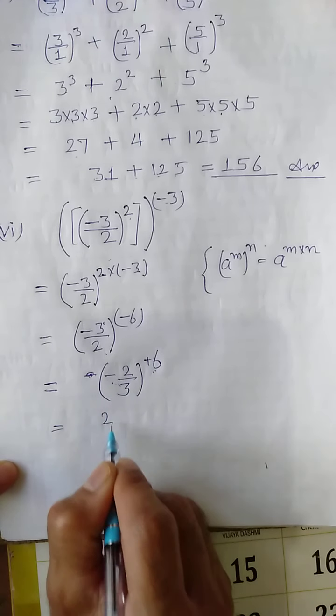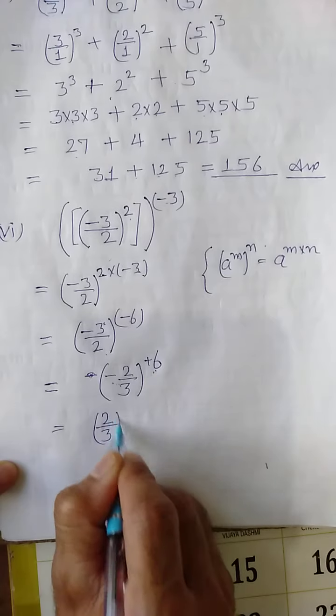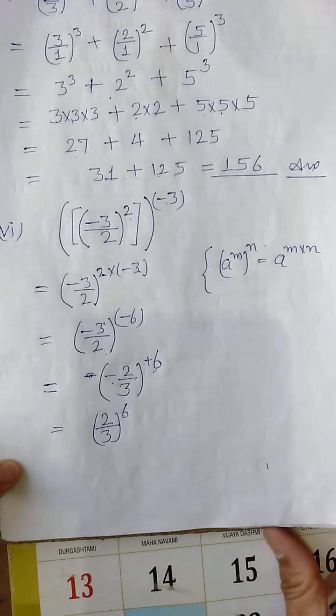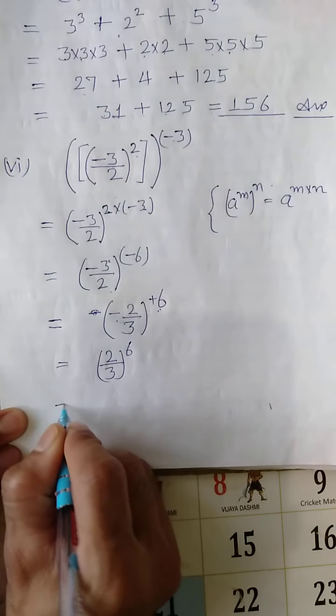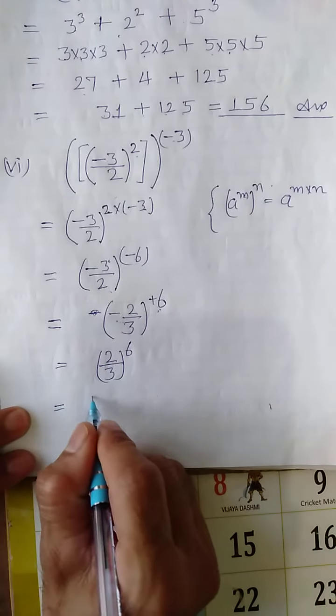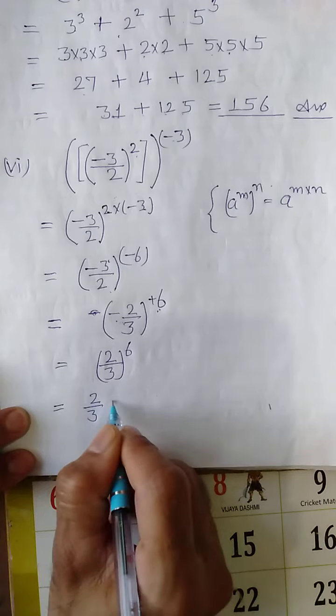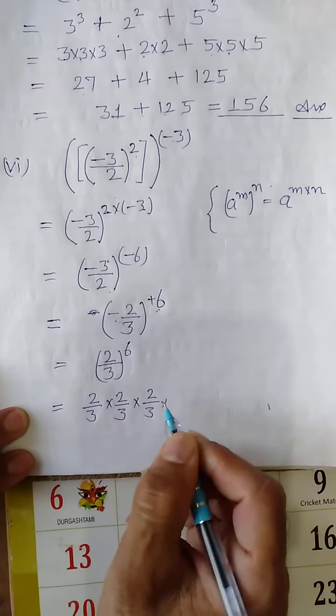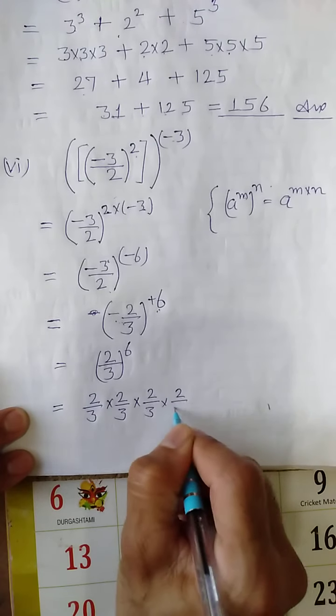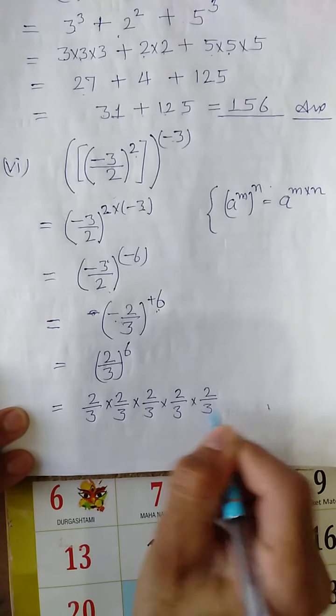So can we write here 2 upon 3 power 6, right? Are you getting? Yes. So now, when we multiply 6 times, 2 upon 3 multiply by 2 upon 3 multiply by, because it is written here evaluate, so evaluation we have to do completely.